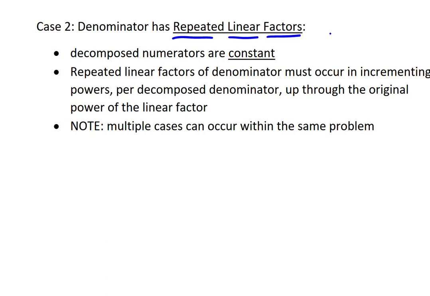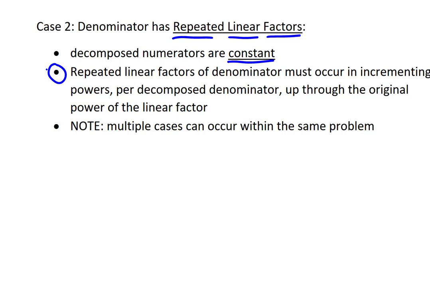Now, as far as the notes for this case, we're going to understand that the decomposed numerators are going to be constant. That's actually the exact same as it was in case one, where we had distinct linear factors. So nothing different there. But then here's the new step for this repeated linear factors scenario.